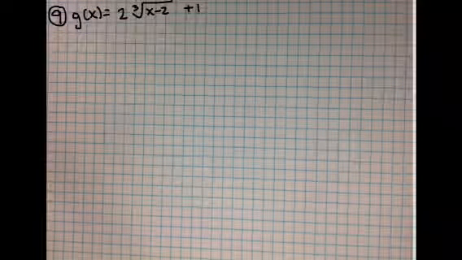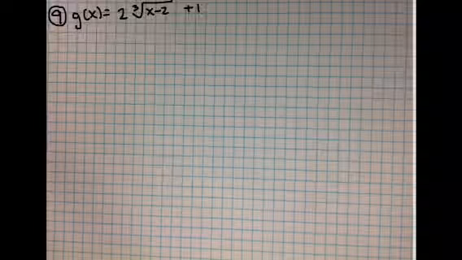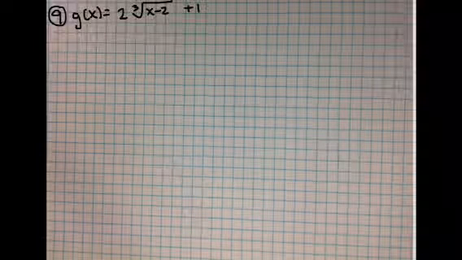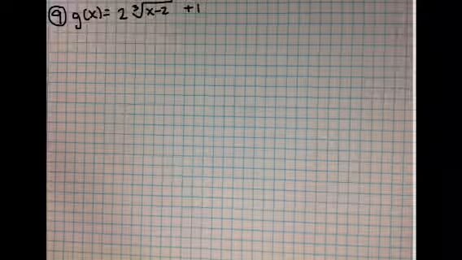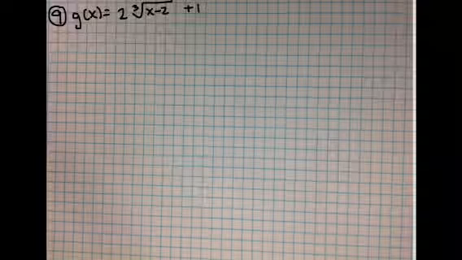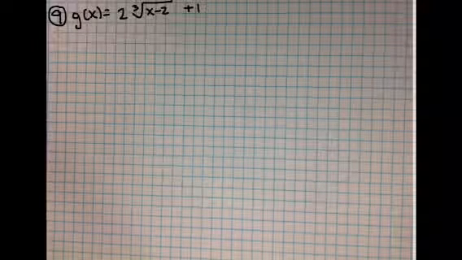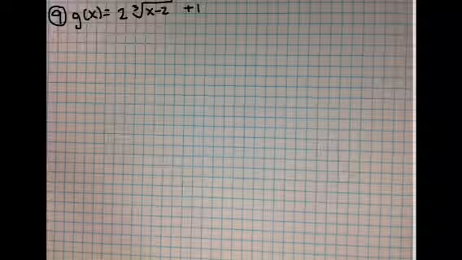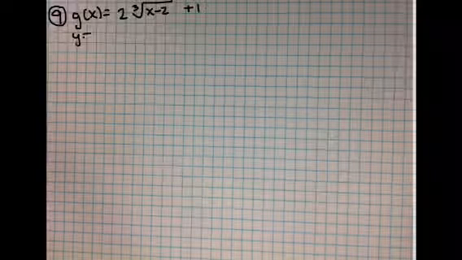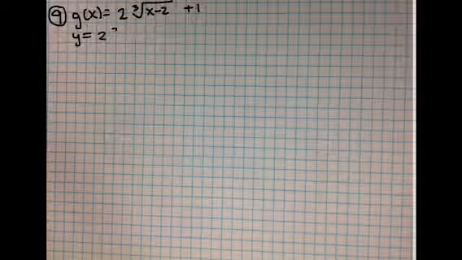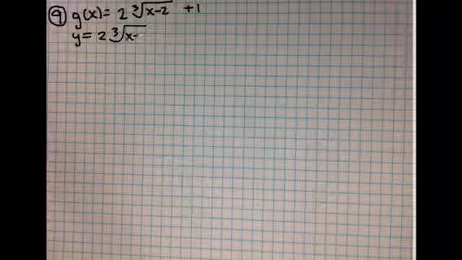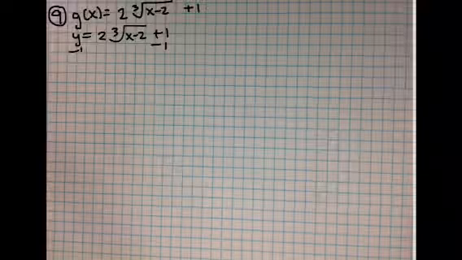Alright, we're going to start by finding the inverse of g of x. We don't have to restrict the domain because a cube root function is 1 to 1, so there's no need to restrict the domain. Okay, so I change g of x to y. And so we're going to subtract 1 from both sides.